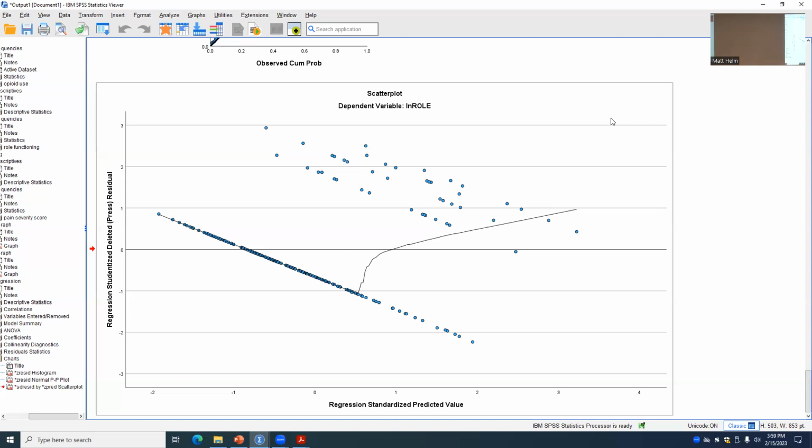Are my residuals normally distributed? Not really. My conditional distribution, I mean, maybe down here, but I've got a skewed distribution in my residuals, right? For any given predicted value, so a predicted value of 0, I've got everything stacked up here and everything else kind of coming up here.